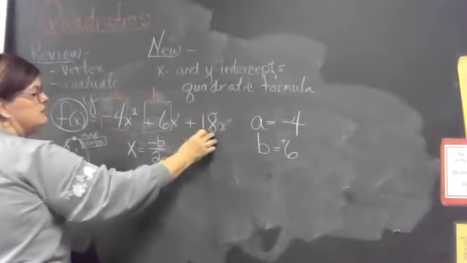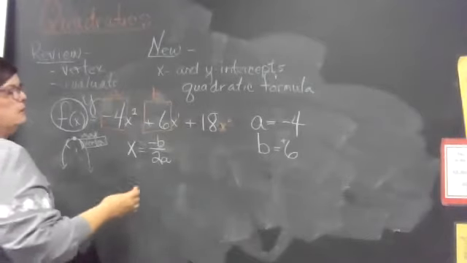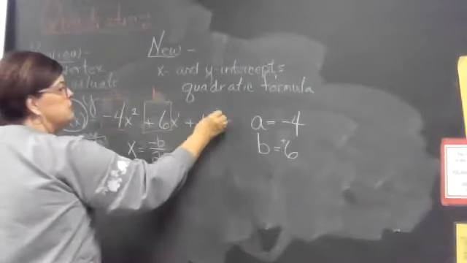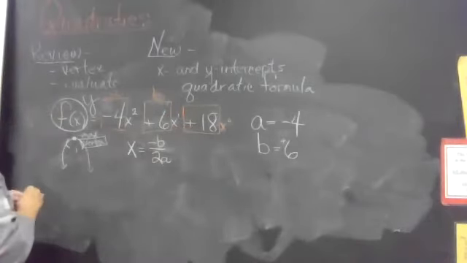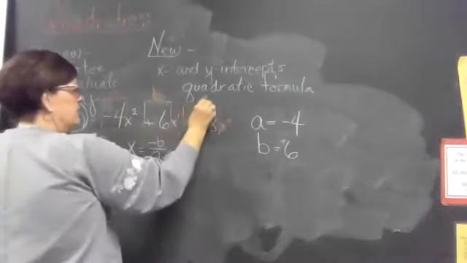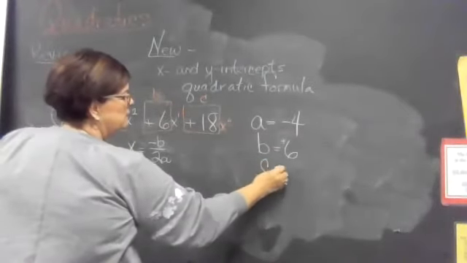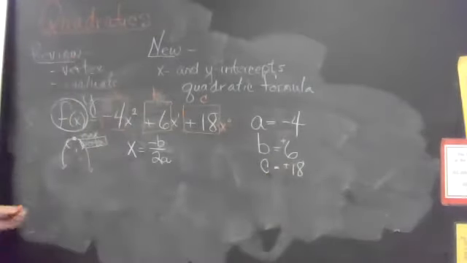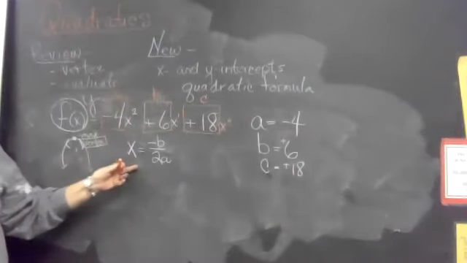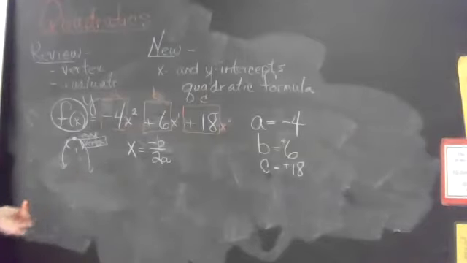This is our constant. It's the one that usually doesn't show an x with it at all. This is your C. They go in order, so it's pretty easy to find all of these values. So your C equals +18. Okay? Now that's where these ABCs come from. This is a little review.